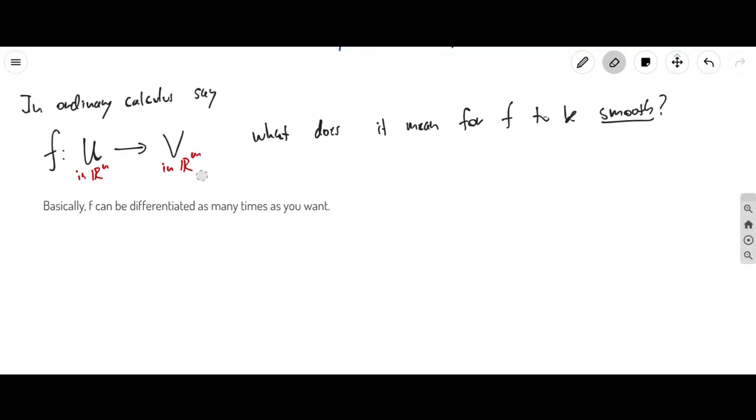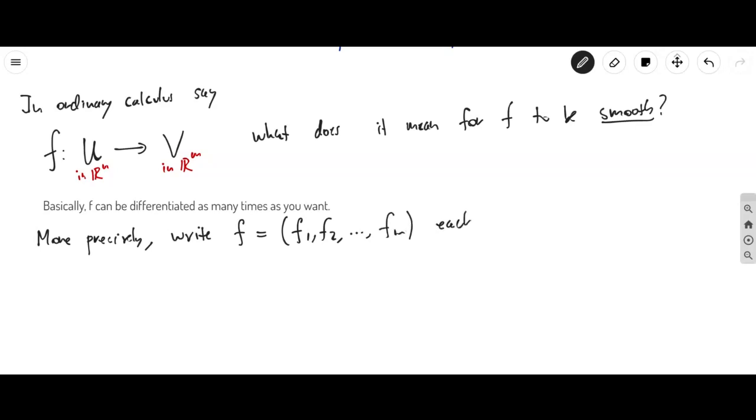So more precisely, we can write our function f as a bunch of scalar functions, where each f_i is a function from U into R. You can call these the scalar components.